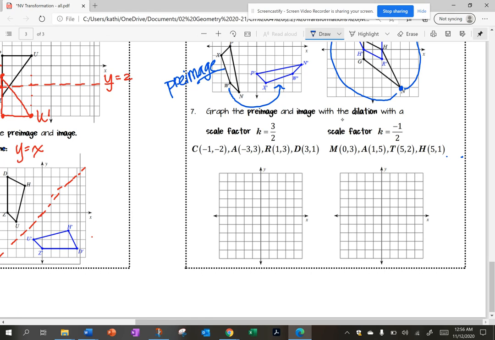Negative 1, negative 2, negative 1, C, negative 3, 1, 2, 3, R, 1, 1, 2, 3, R, 3, 1, 2, 3, 1, D.